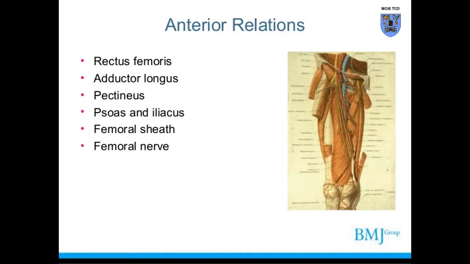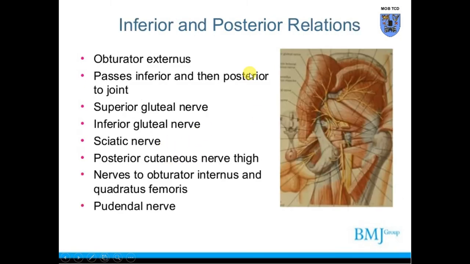Relations: for this purpose you have to open the atlas and see which structures are passing anteriorly. There you will see rectus femoris, adductor longus, pectineus, psoas, femoral sheath and femoral nerve, all lying anterior to the joint. Obturator externus passes inferior and then posterior to the joint.